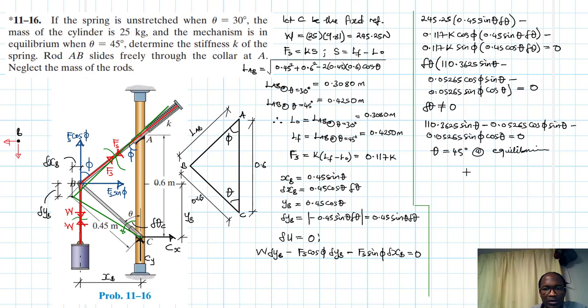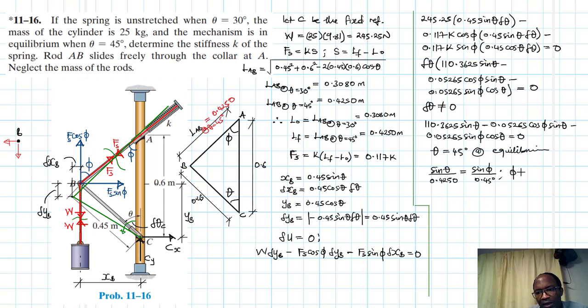Alright, therefore we can use the sine rule. We can use this value now at theta equal to 45. We found that this is equal to 0.4250. So we can use that value, and we know theta already, so we say sine theta divided by 0.4250 will be equal to sine phi divided by 0.45.